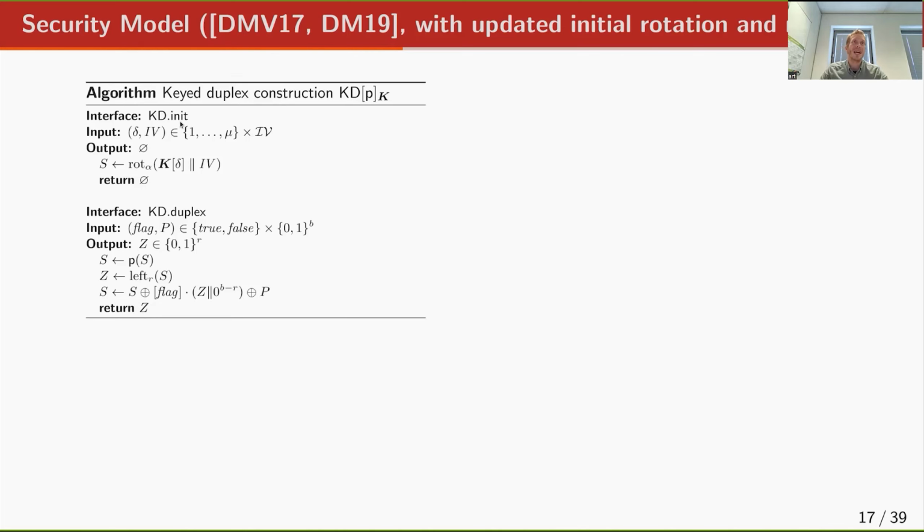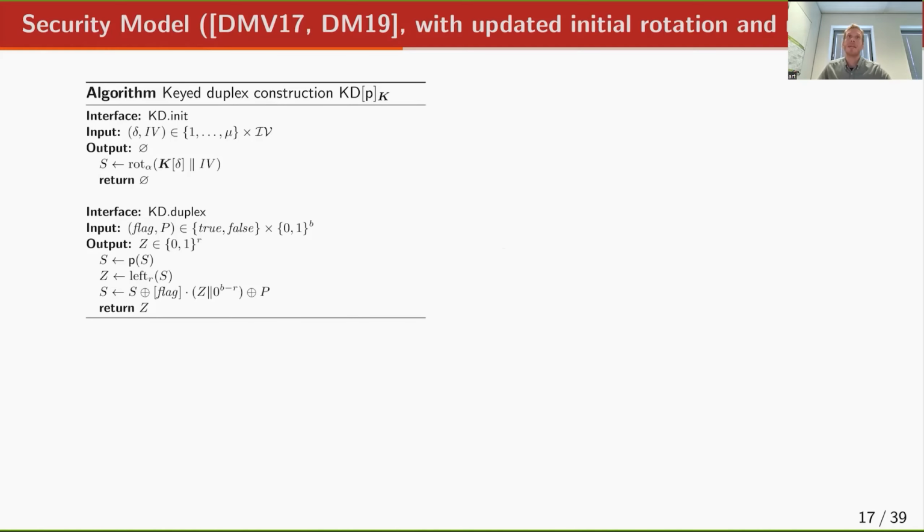So if you initialize and you get a duplex, you get some random value Z. If you initialize the same with a different IV and delta, then you will get a different independent Z ideally. But if you initialize with the same delta, the same IV, and then you do a duplexing call with the same plaintext, you should get the same Z. So an ideal duplex gives you a random Z up to repetition.